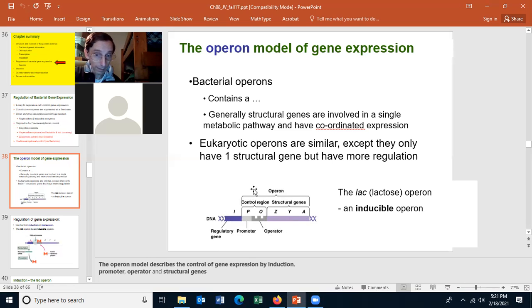So only this part is the operon for the lactose metabolism pathway, and we call that the lac operon. This gene makes a product that regulates the expression of the operon. And in fact, this gene here has its own operon, and we're not going to look at that. We're just going to look at the lac operon. Any question about that?